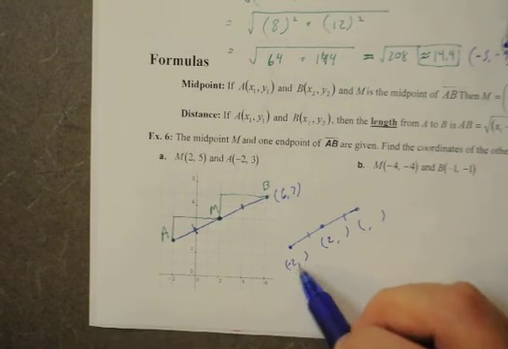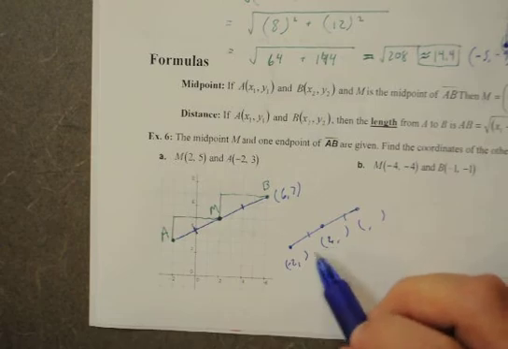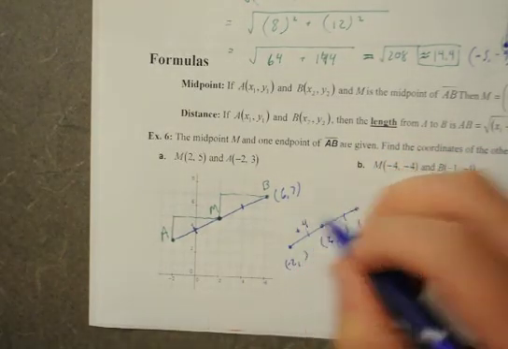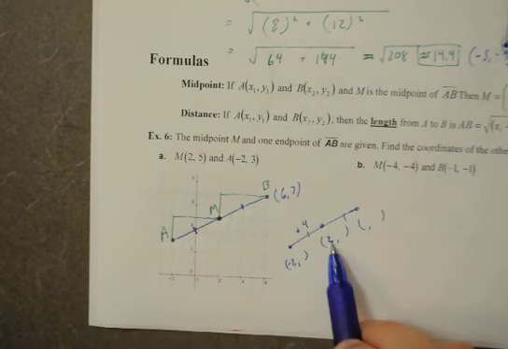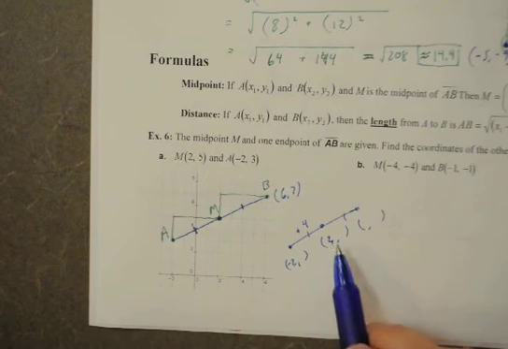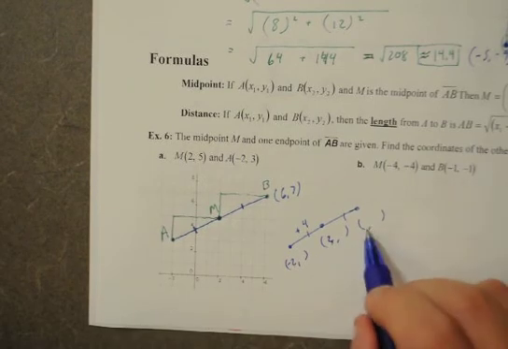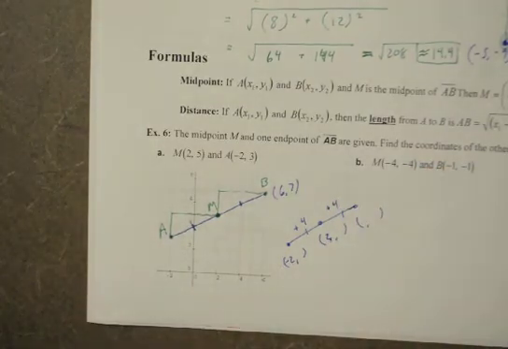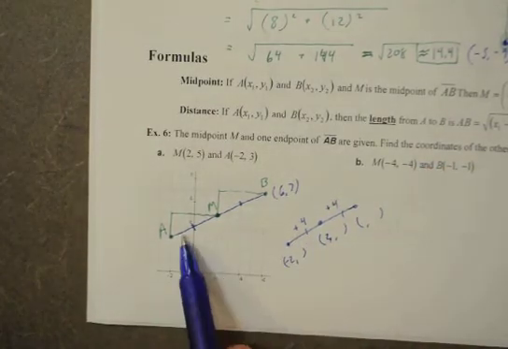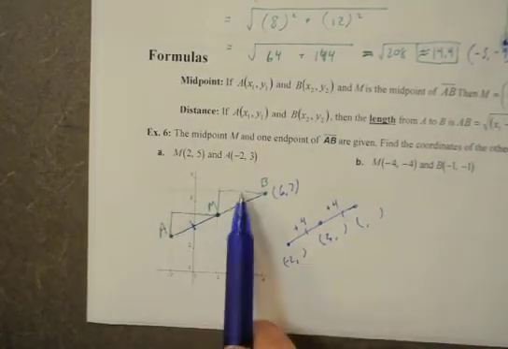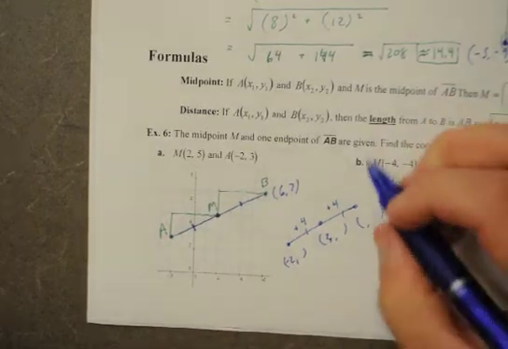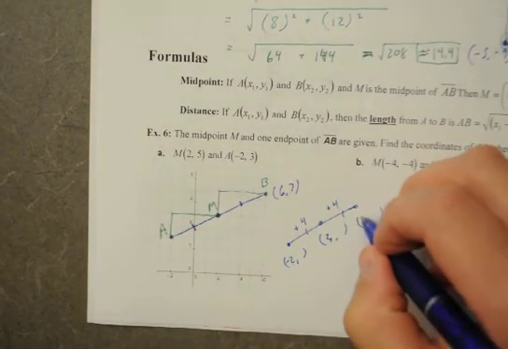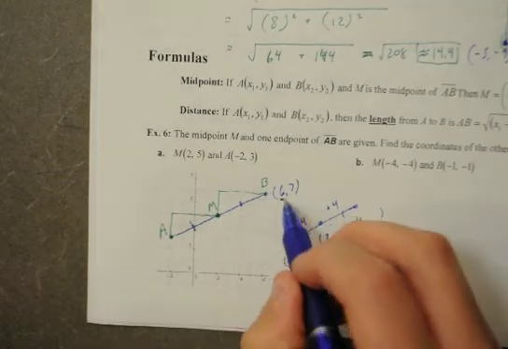How do you get from negative 2 to 2? You have to go up 4, right? Negative 2 plus 4 is 2. So how would you get from 2 to this, whatever this point is? You also have to add 4. So you add 4 this way, which means you have to add 4 this way. So 2 plus 4 is 6. That's that 6 we got to.